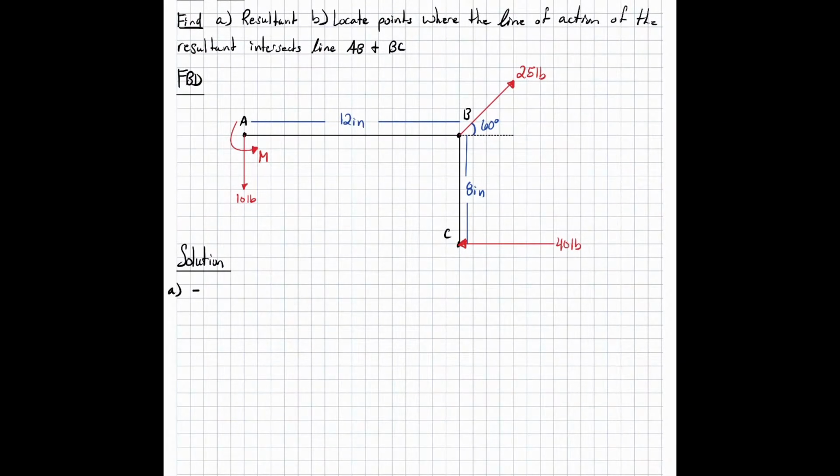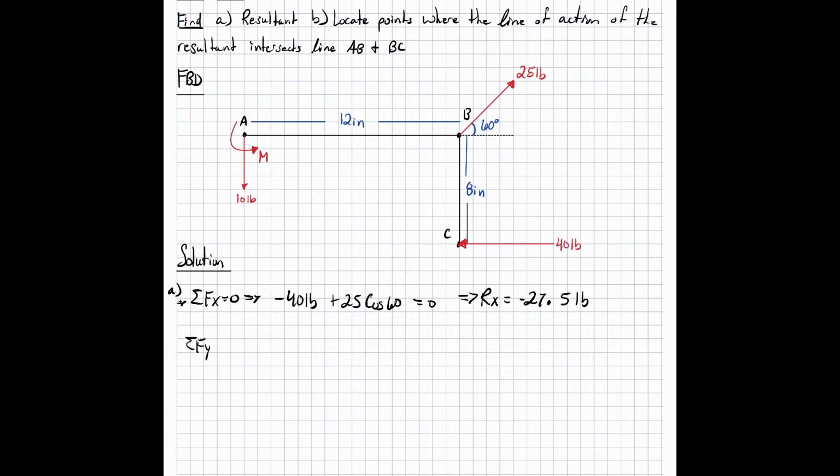To do that, we're going to take the sum of forces again in the x direction equal to 0, positive to the right. We have negative 40 pounds plus 25 cosine of 60 is equal to 0. That comes out to an Rx value of negative 27.5 pounds.